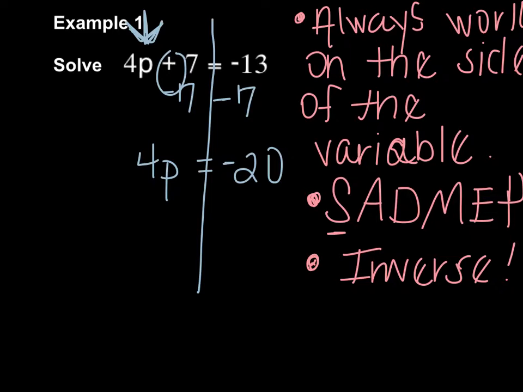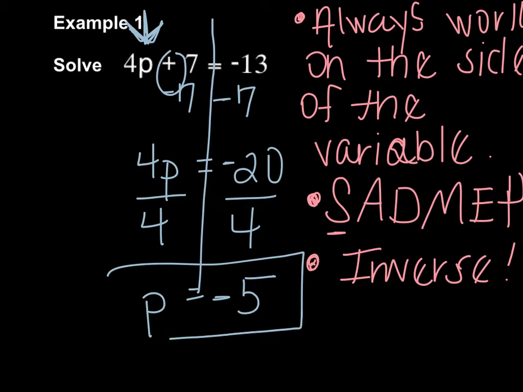My next and final step of this two-step equation is now to inverse, which is divide by 4. A negative divided by a positive is a negative, and 4 goes into 20 5 times. So my answer is p equals negative 5. And don't forget, you can always substitute to see if this really is a true statement, and it is. Negative 5 times 4 is negative 20, plus 7 is negative 13.